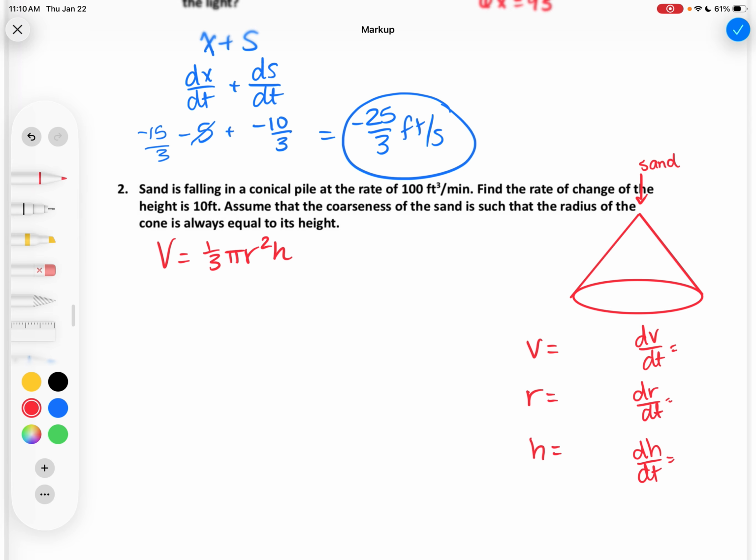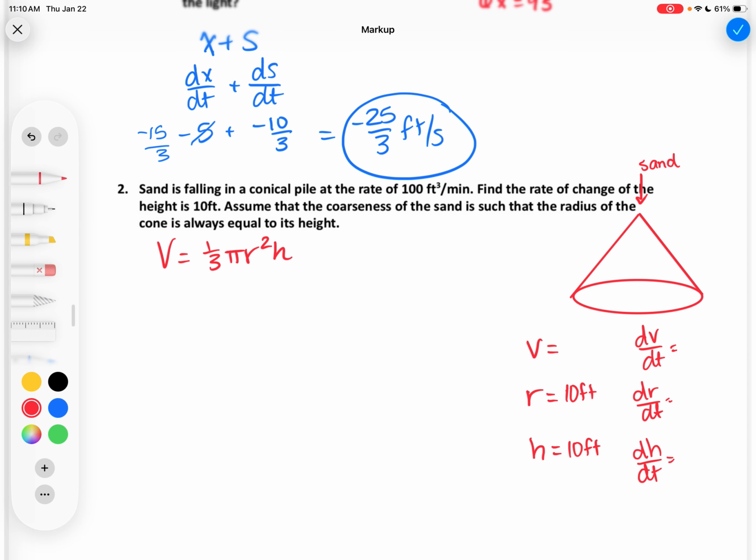Now, they've told me that the radius is equal to the height. So if the height is 10 feet, that means the radius is also 10 feet. So I can go ahead and put in that information. And depending on what other information I have, I may do what I did yesterday where I swapped out one of the variables as well.